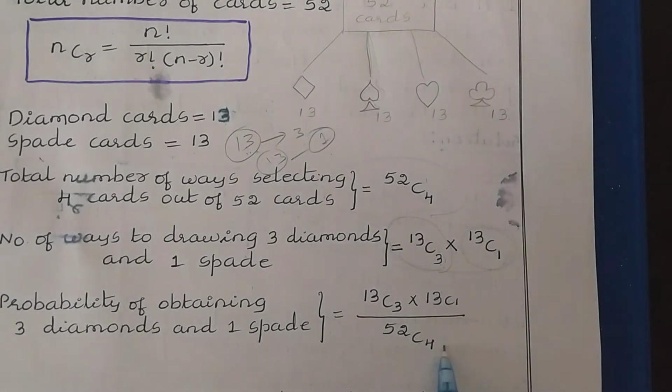So this forms the answer. Here also no need to expand this and to find the answer. Directly you can consider this itself as the answer, because in these type of question we are interested in finding just the probability values. How to find the probability, that is important here. So that's why here no need to expand this.